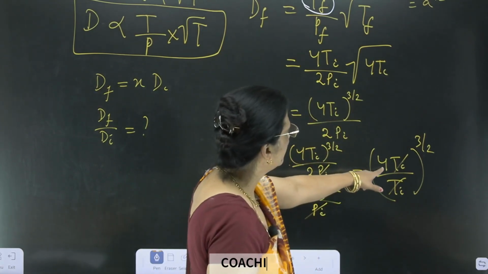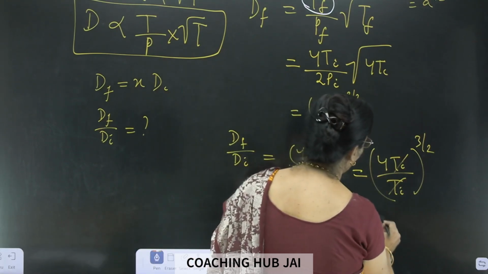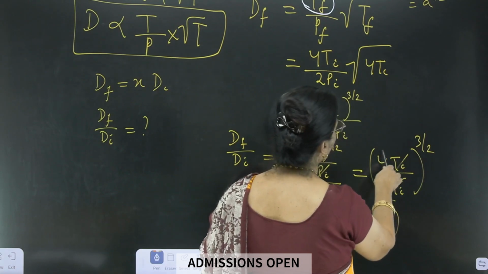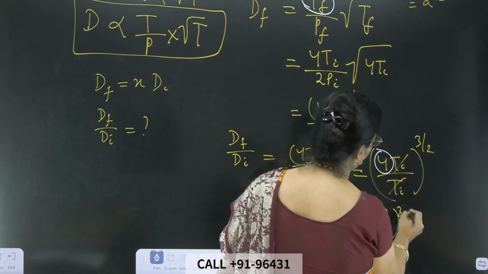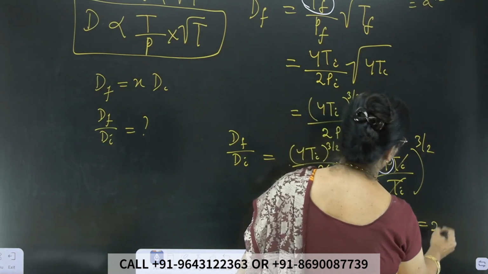Now the remaining is 4, which you can write as 2 to the power 2, and 2 to the power 2 into 3 by 2 gives 2 to the power 3.